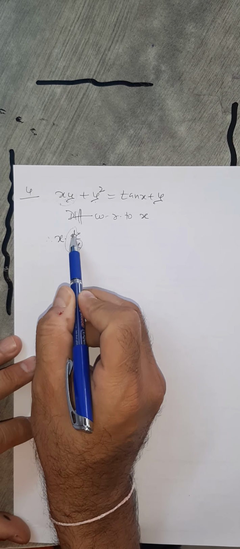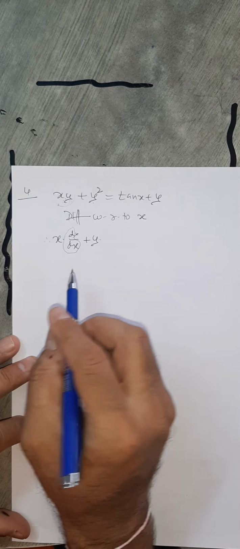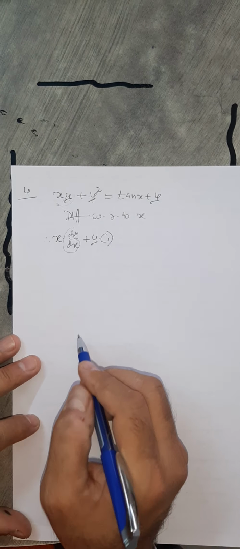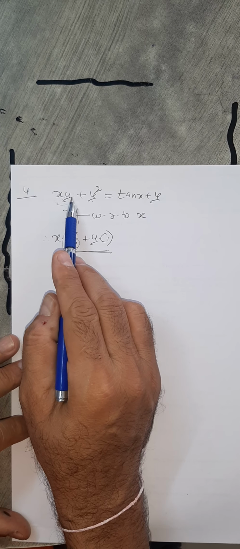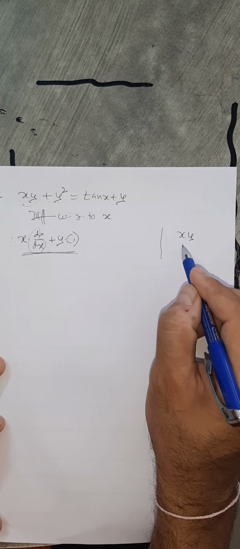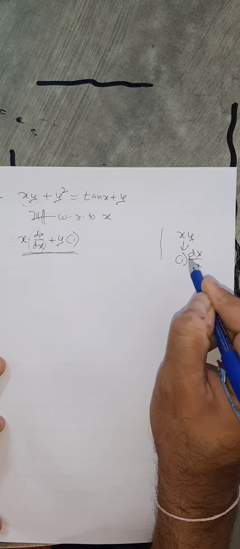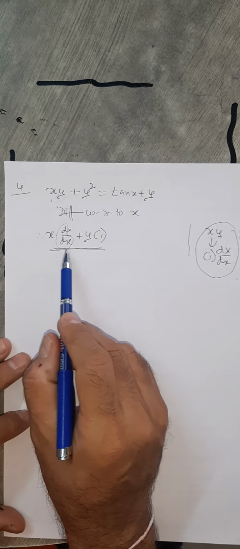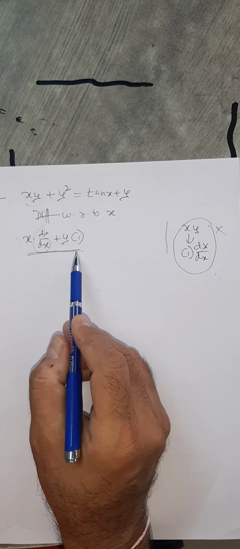You are applying d by dx to y, remember, plus now y as it is, differentiation of x with respect to x, you know it is 1. These two terms because of x into y, product rule, remember. It's not like this, remember, differentiation of x into y is not just like here x and here dy by dx. This is wrong, remember. You need to use the chain rule like this.